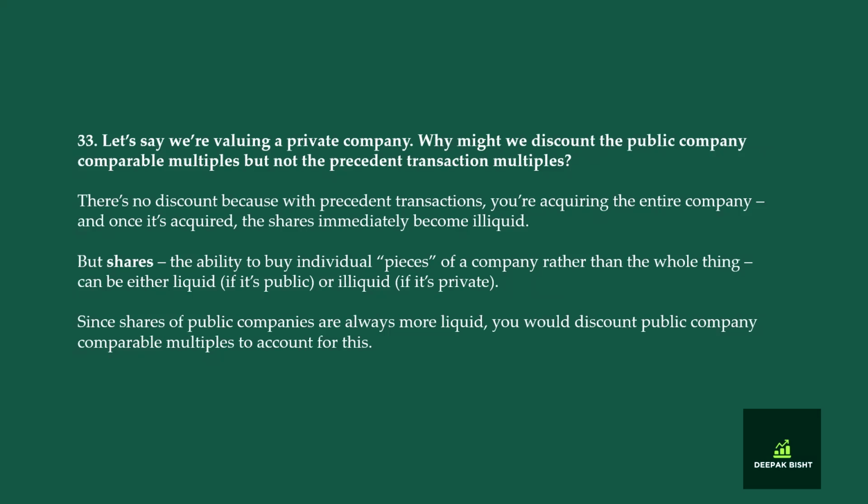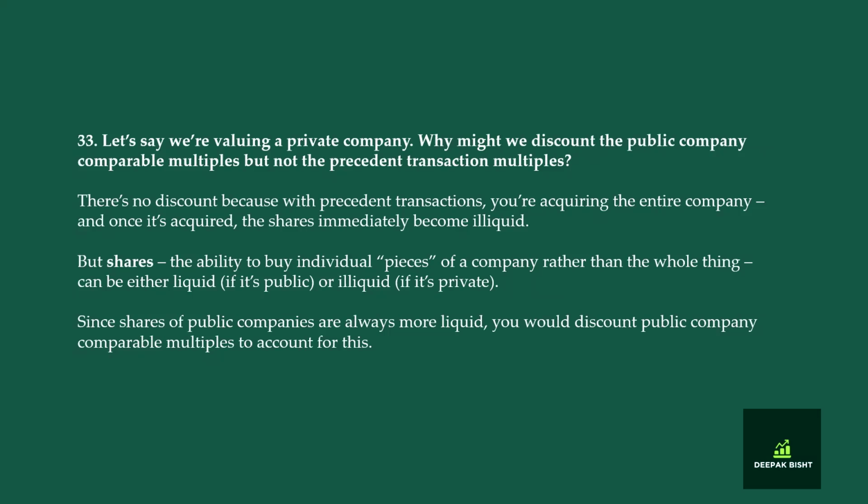So the key difference here is liquidity and control. The liquidity difference is because in public companies the shares are liquid, and in private companies the shares are illiquid. Liquidity means you can sell those shares anytime in the stock market, and illiquidity means you cannot sell them easily, because there is no active market.